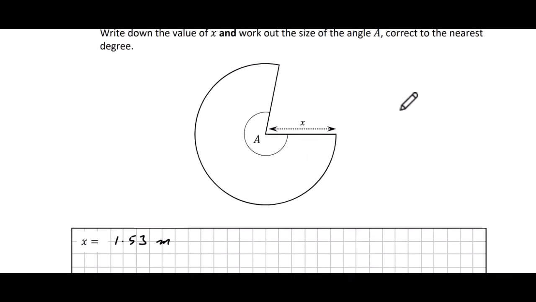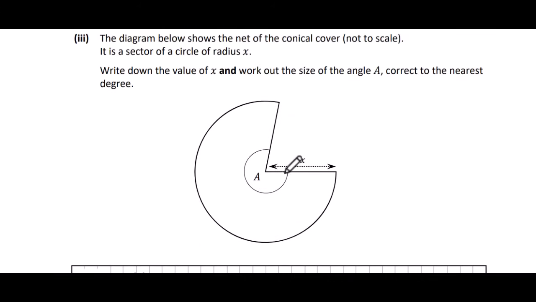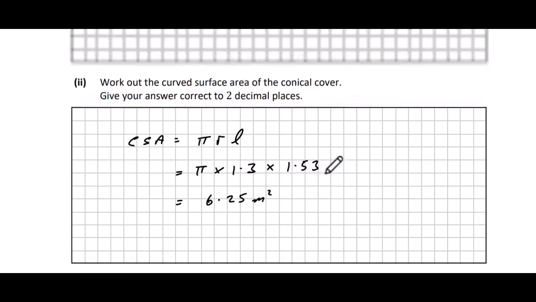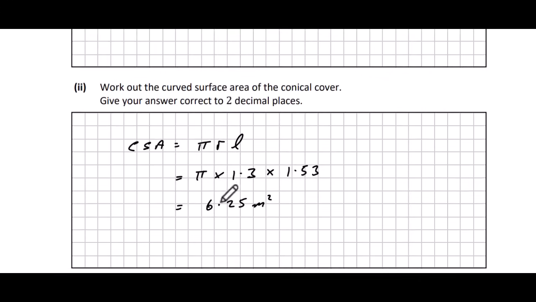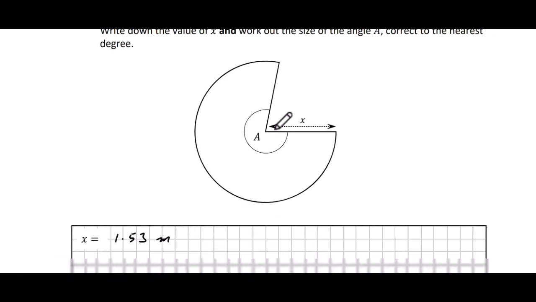We've got to work out the angle A now, okay? So what we're going to do here is look at the area of this shape here. Now remember, we worked that out up here. It's the curved surface area, 6.25 square meters. The entire circle we can work out as well.